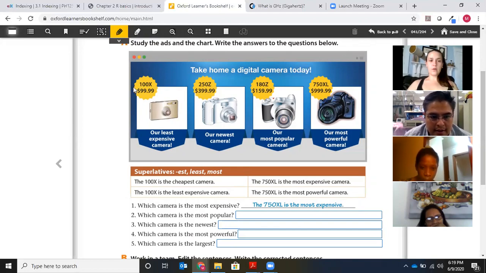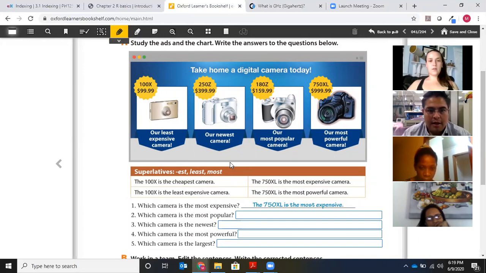Oh, what does it say down here? Our least expensive camera. Right, our least expensive camera. Good. Okay, and this next one as well, please.